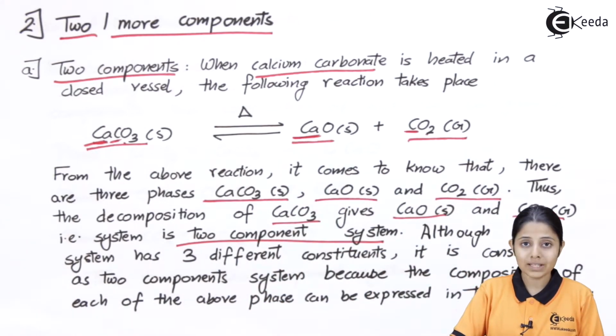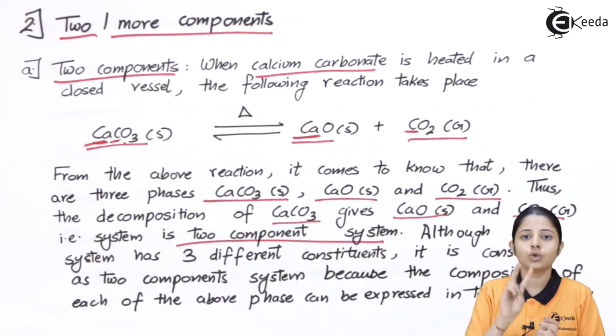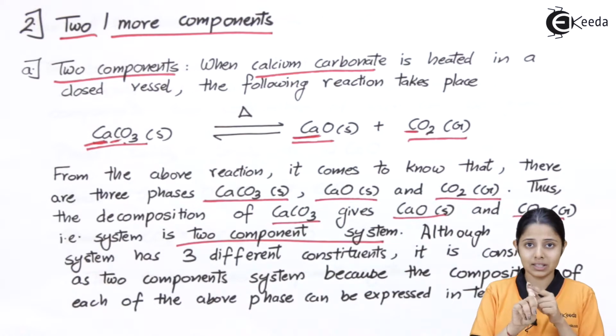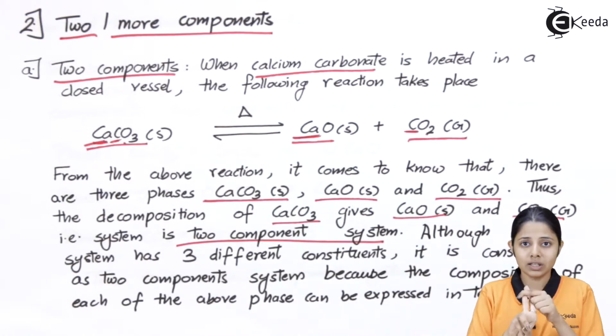Now we should always match the amount of components with the amount of phases. Over here if you see the phases, you have 2 phases, a solid phase and a gaseous phase. And how many components in all? We have 3, CaCO3, CaO and CO2. Now this CaCO3 and CaO are in which phase? The solid phase. And CO2 is in which phase? The gaseous phase.